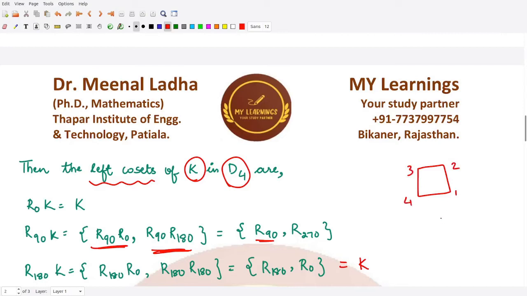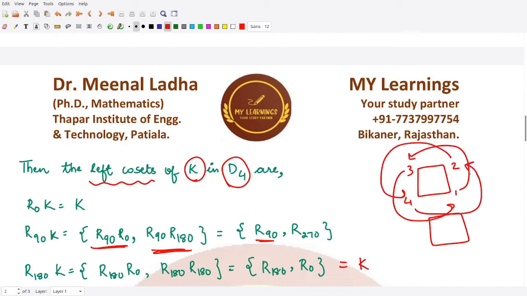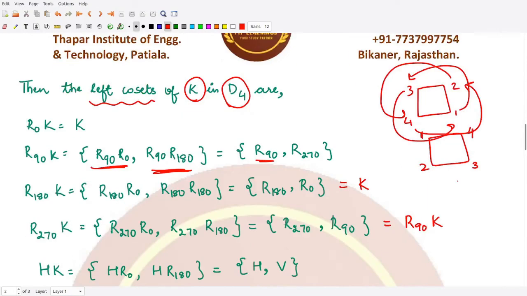When we rotate it by 180 degrees first, this comes here, this comes here, and this goes there. So we have 1 here, 2 here, 3 here and 4 here. Now again we give it a 90 degree shift. So this goes there, this goes there, and so on. So we have 2 here, 3 here, 4 here and 1 here. This is a 270 degree rotation. So the answer is R270.